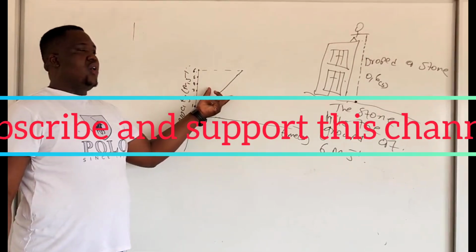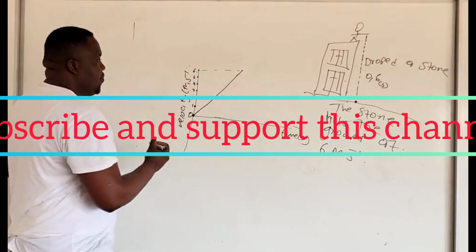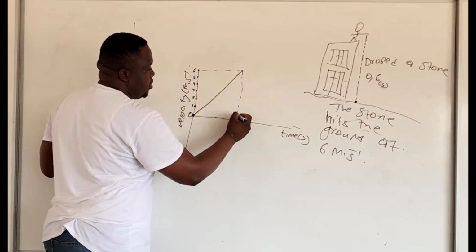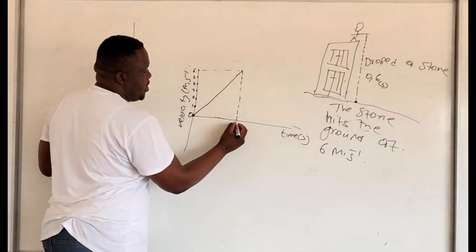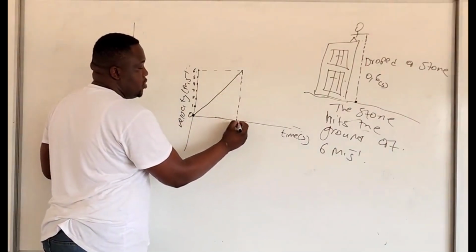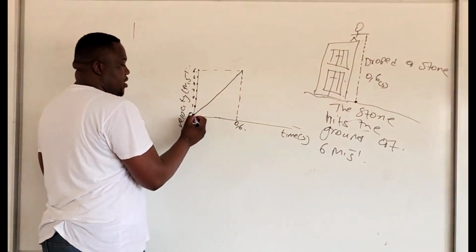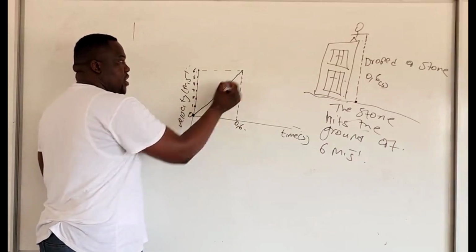I will draw another graph which represents the same thing. So here is at 6. Then what will happen here? Then it took 0.6 seconds. So you can see the object is dropped, then it hit the ground at 6 meters per second.